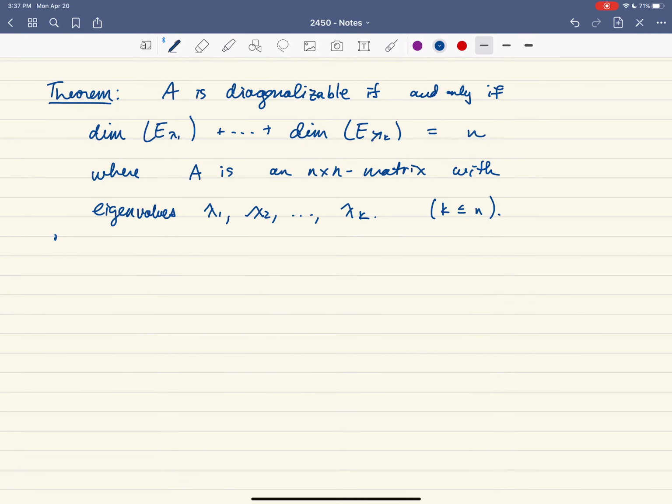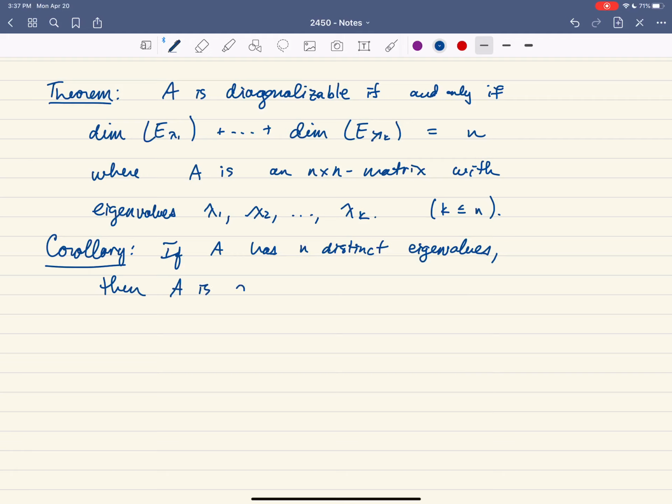And as a corollary to this, one thing that's going to be very important for us, it turns out that if A has n distinct eigenvalues, meaning that the eigenspaces all have dimension 1, then A is diagonalizable.